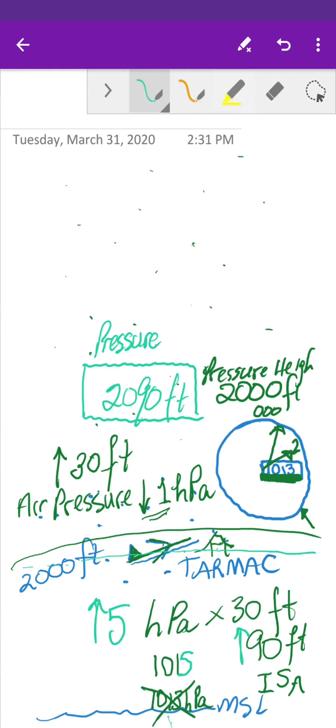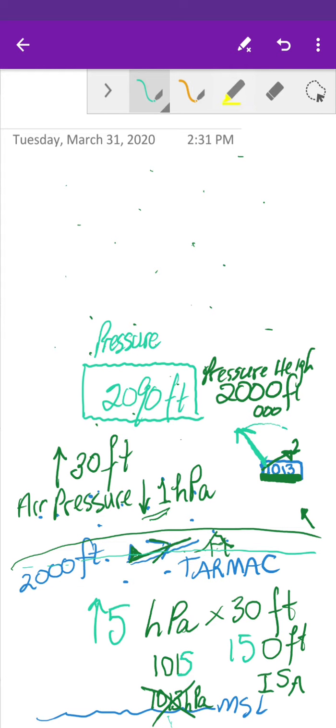That means the aircraft will think that it's going into a high pressure zone. It thinks it's coming down by 150 feet. It will drop by 150. So this needle will then go back 150, almost drops 200 feet.